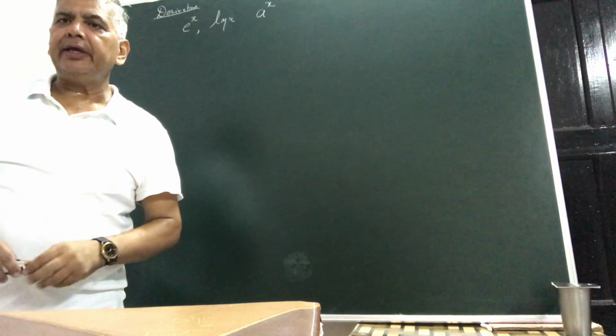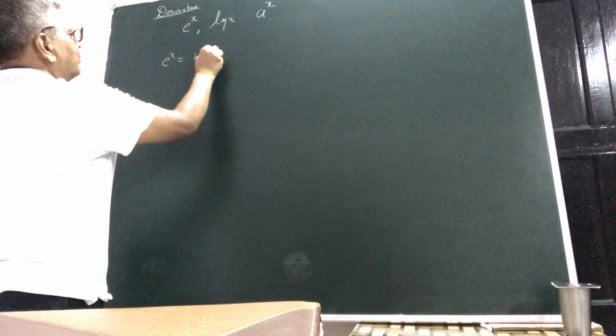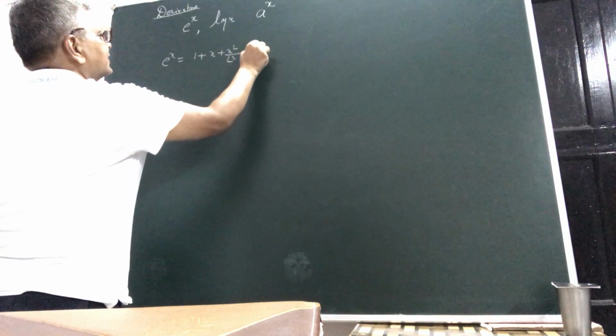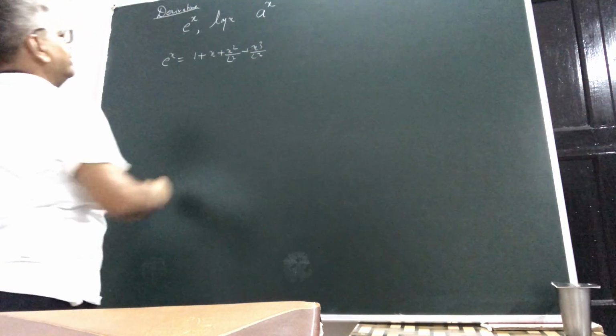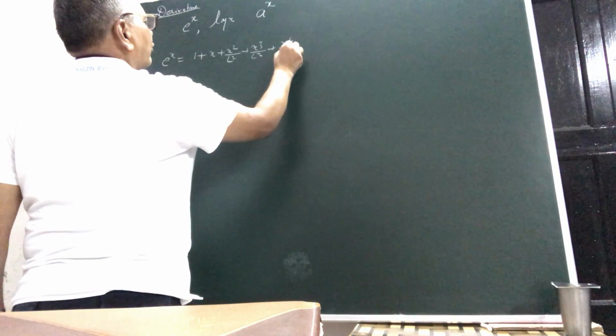But prior to it, you know the expansion of e raised to power x. It is 1 plus x plus x square upon factorial 2 plus x cube upon factorial 3 plus x4 upon factorial 4, and so on.